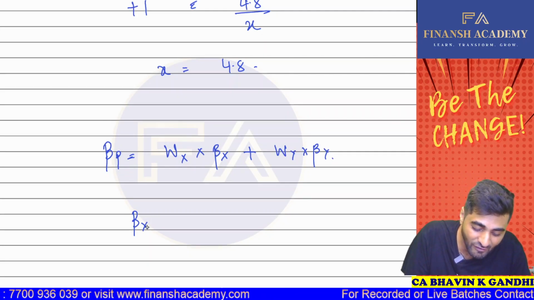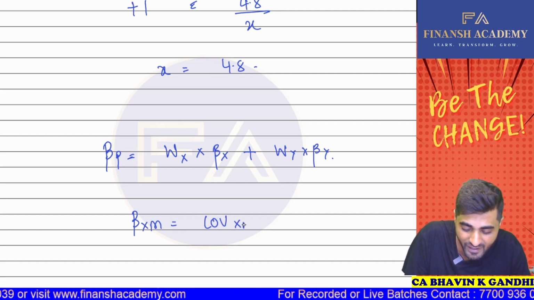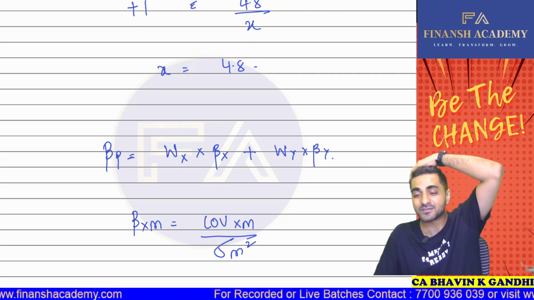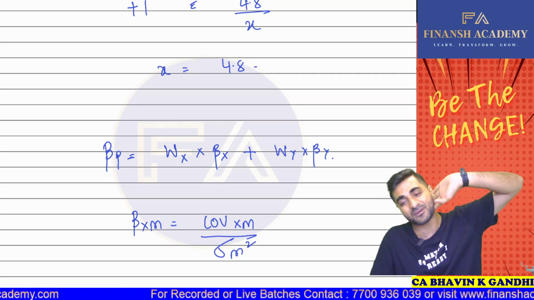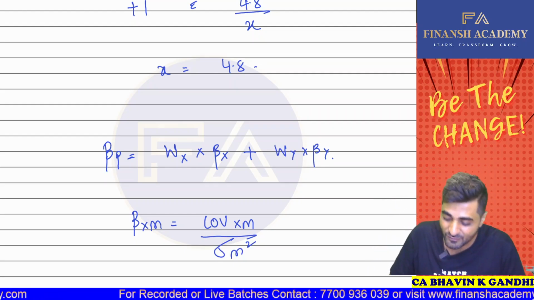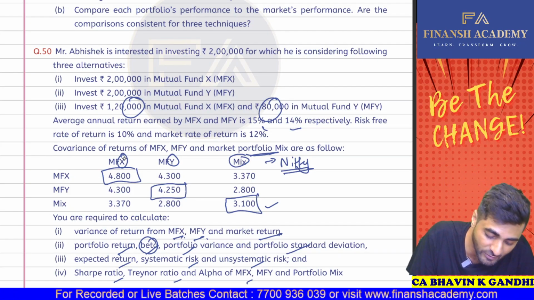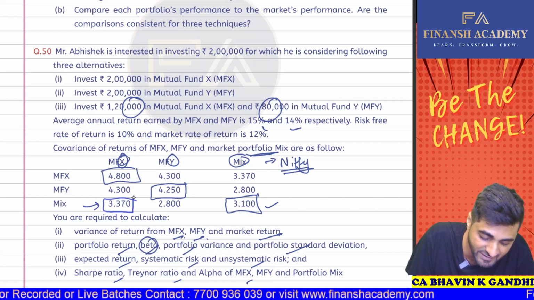Can I say beta of mutual fund X with market will be covariance of X with market upon market variance? Is this the formula which we can use for the calculation of beta of mutual fund X? Come on, yes or no? Yes, very easily. So we can take covariance of the mutual fund X with the market. As you all know, for mutual fund X with the market, we have this as 3.370.